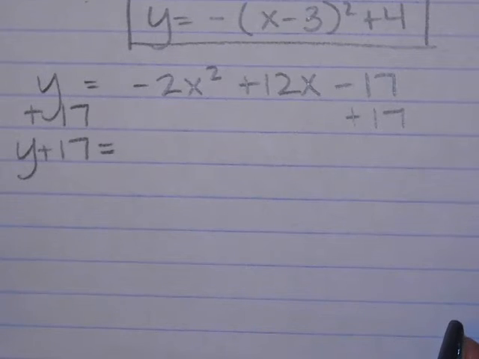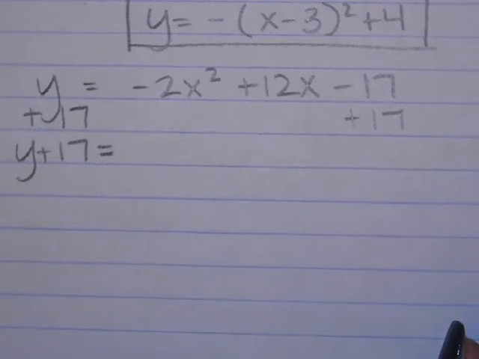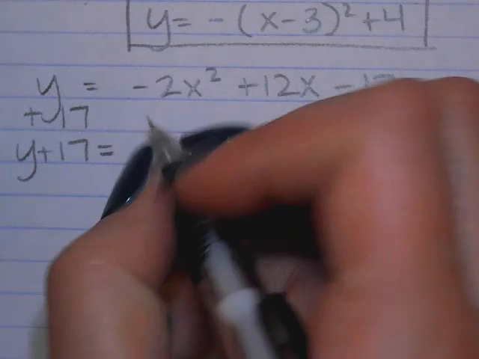Okay, I'm going to go kind of slow on this one. See if you can stay one step ahead of me. So see if you can predict what I'm going to do next. Okay, so we added the 17 over. Yep, we're going to pull the negative and the 2 out.